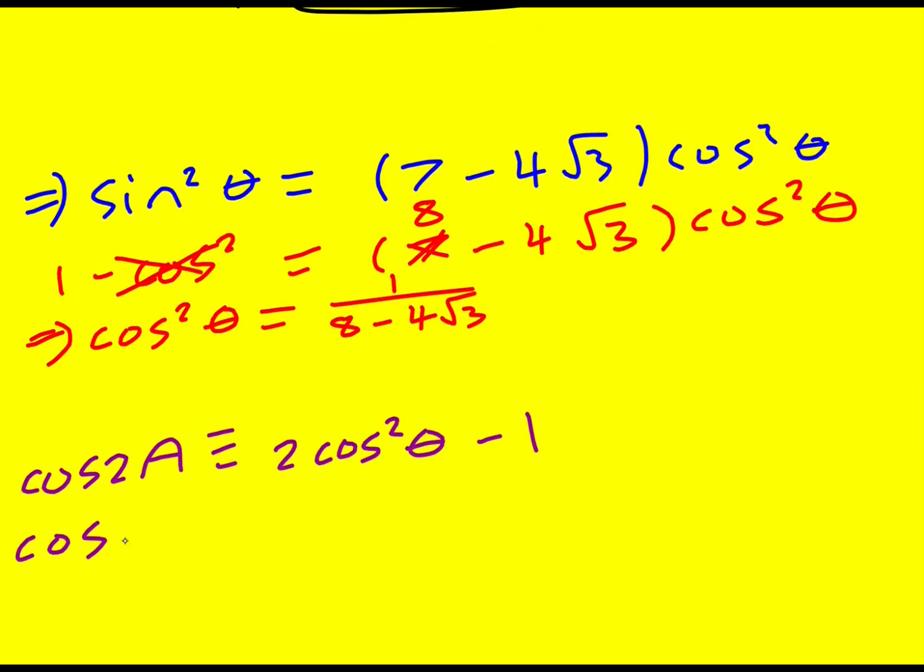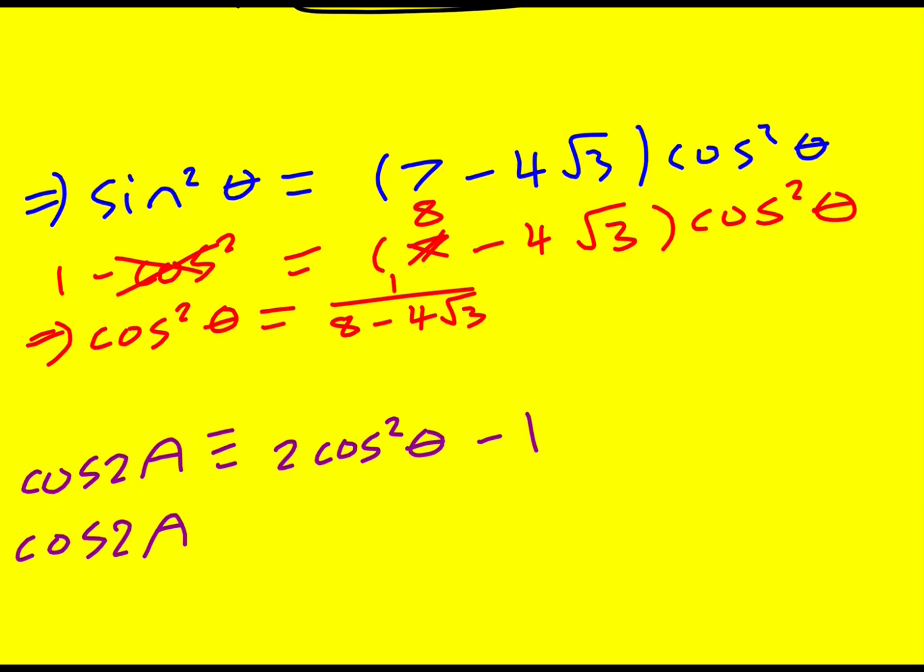That gives me cos 2a. By the way, the reason I'm doing this is that if you were to square root this, that does not look very nice. You're not going to be able to do that without a calculator. And why would we use double angle formulae? Well, it just means that we don't have to square root. That's the main reason for dealing with this.